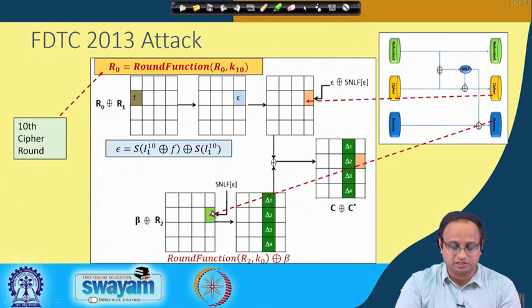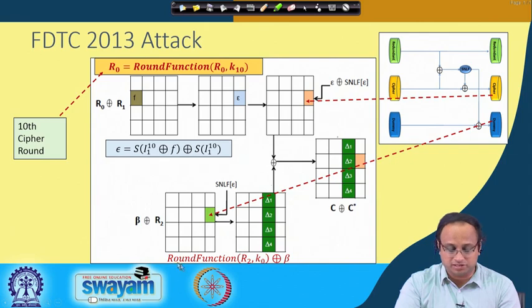We know that the shift in AES round computation is, in the second row, a shift to the left by one position, so this column comes here, and then the mix column in the round function spreads this disturbance to this entire column, and therefore this column becomes something like delta 1, delta 2, delta 3 and delta 4.